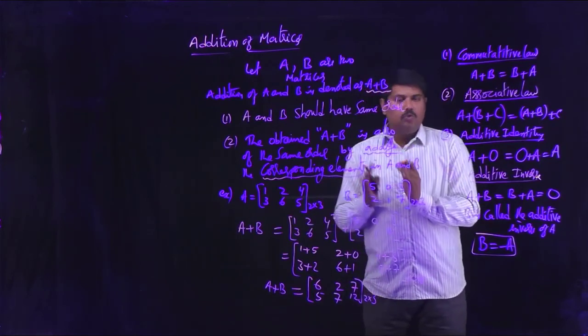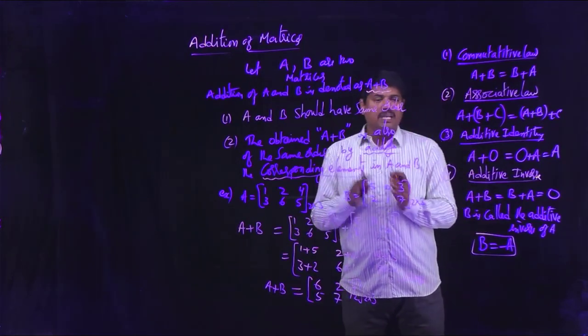If the sum of two matrices is 0, one is said to be the additive inverse of the other.